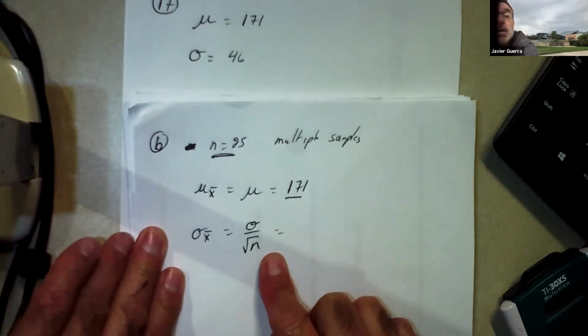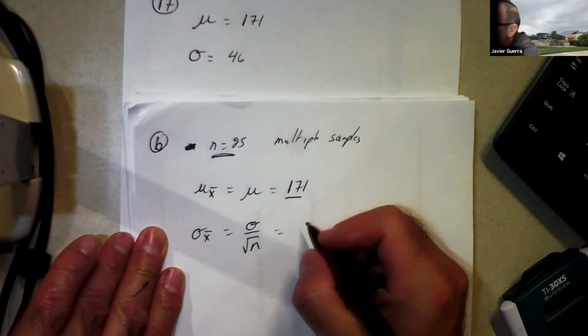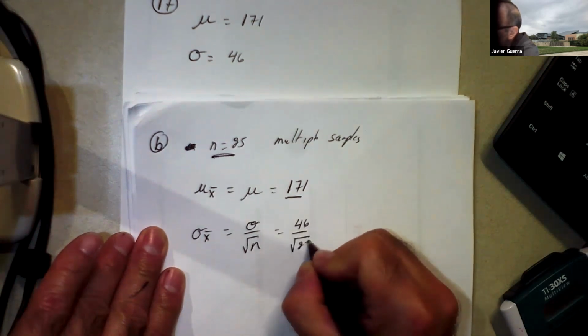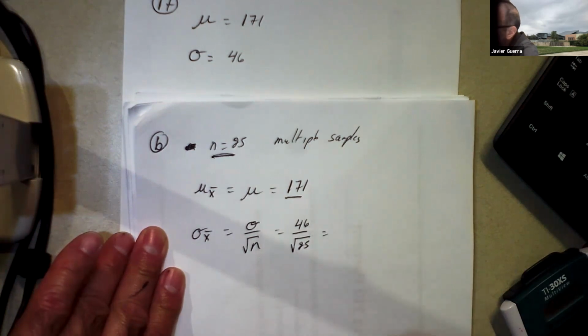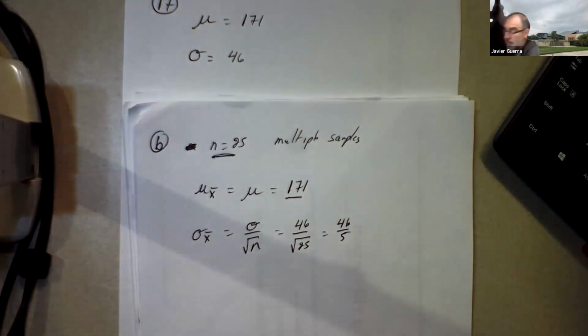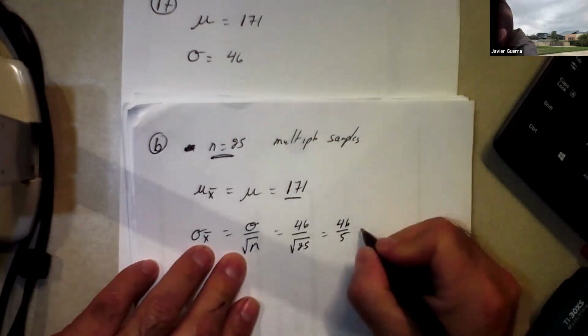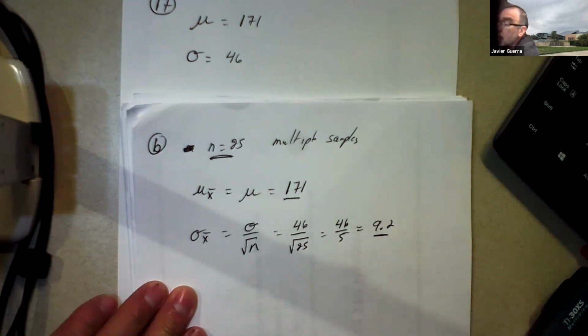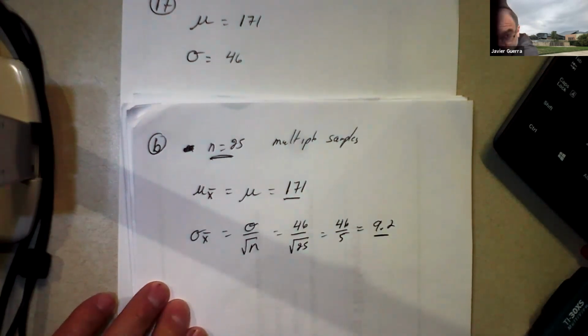My sigma is 46, but I have to divide that by the square root of 25. So 46 divided by 5. What is 46 divided by 5? 9.2.